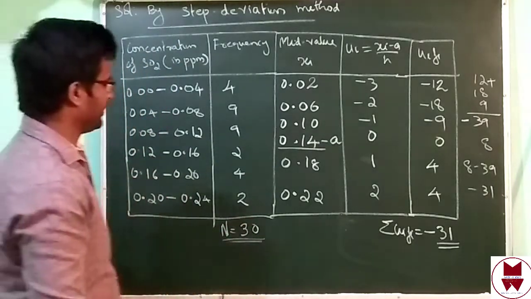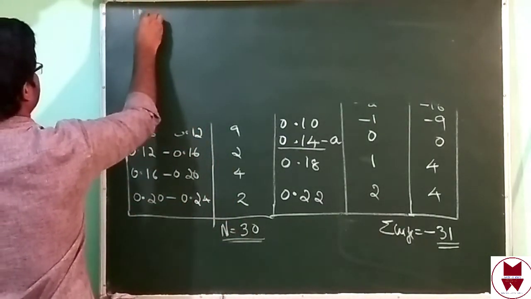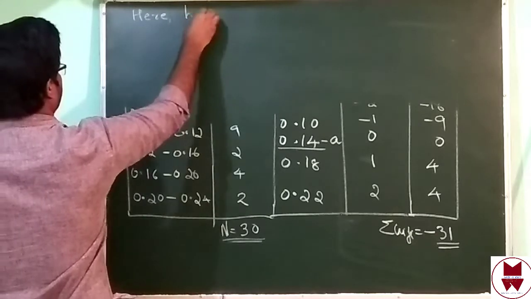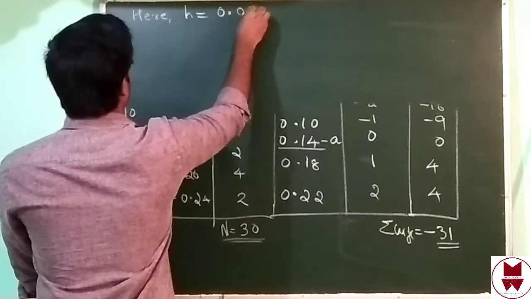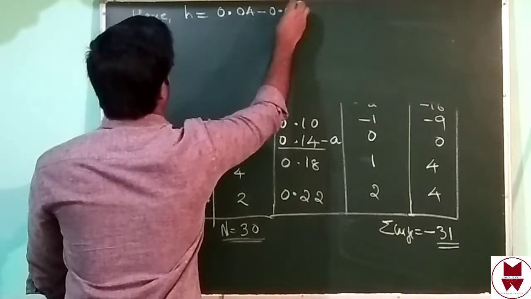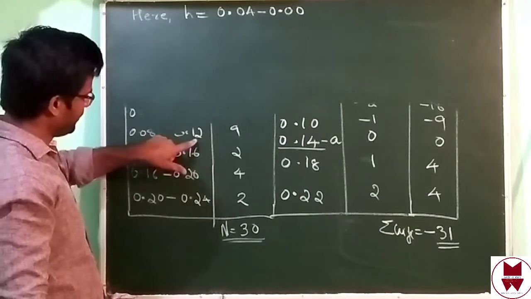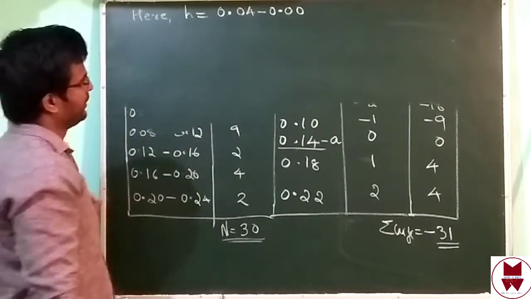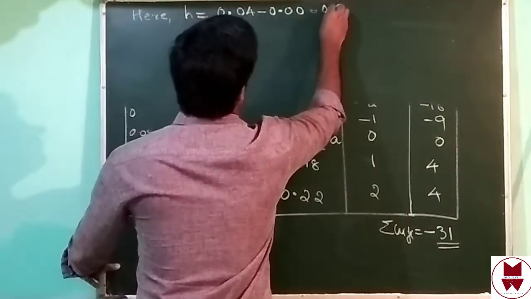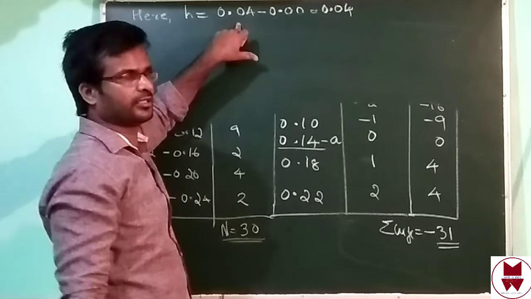Now we got n equal to 30. Here h equals the class width, that means 0.04 minus 0.00 from the first term. Otherwise, from here also you can find 0.12 minus 0.08. Anywhere you will get 0.04.